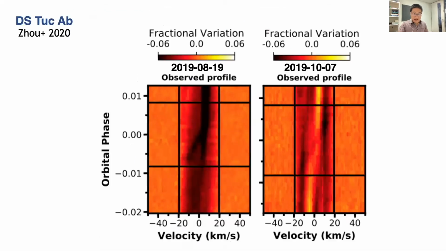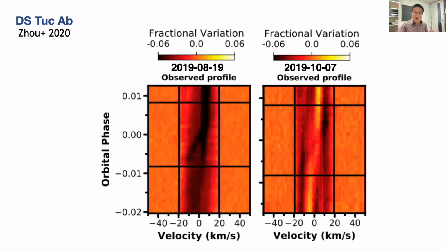It's not that simple again when you have spots. Here's a good example from our observation of DS Tuc in 2020. We found that in addition to seeing this planet transit signal, we're also seeing these shadows cast by the spots that occupy this very young star.